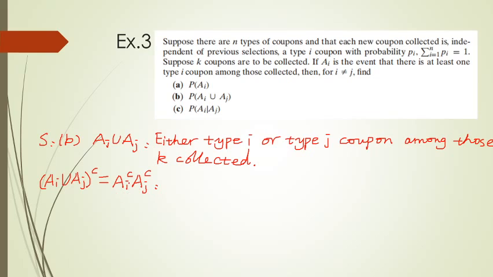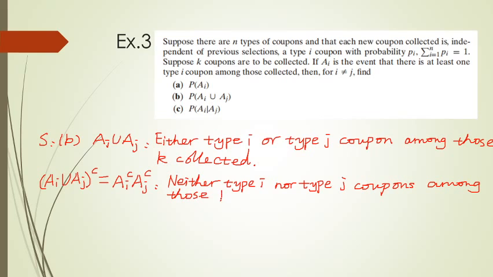AI's complement means type I coupon is not included in the K collected coupons, and AJ's complement means type J coupon is neither among those, which means neither type I nor type J coupons among those K collected coupons.